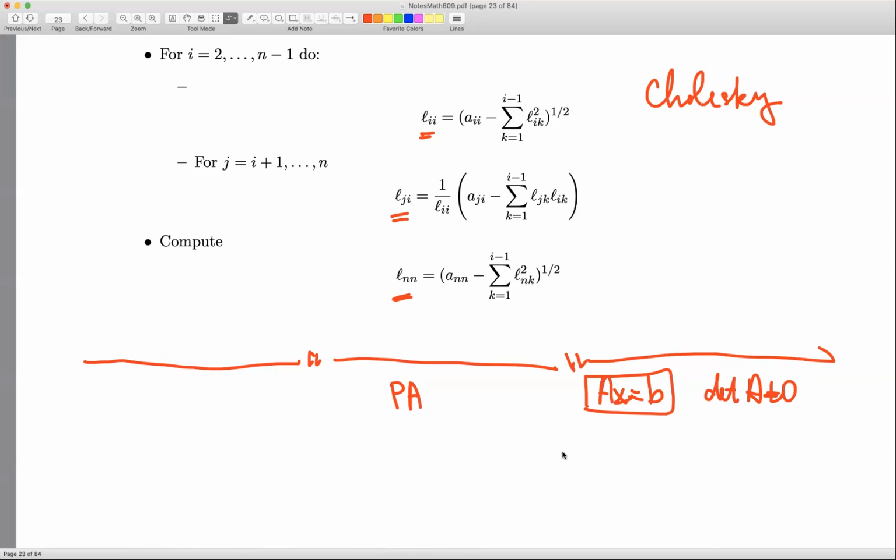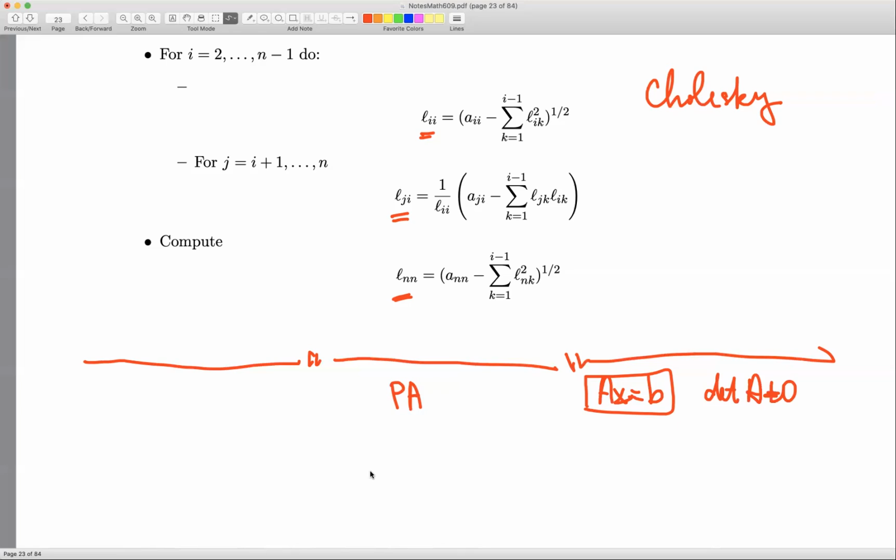In order to do iterative methods, we have to cover some preliminary material, which will enable us to know how to compare two vectors, in the sense of how to measure the distance between two vectors.